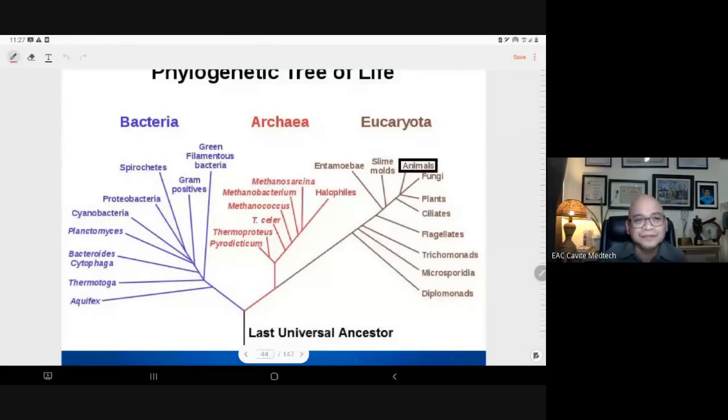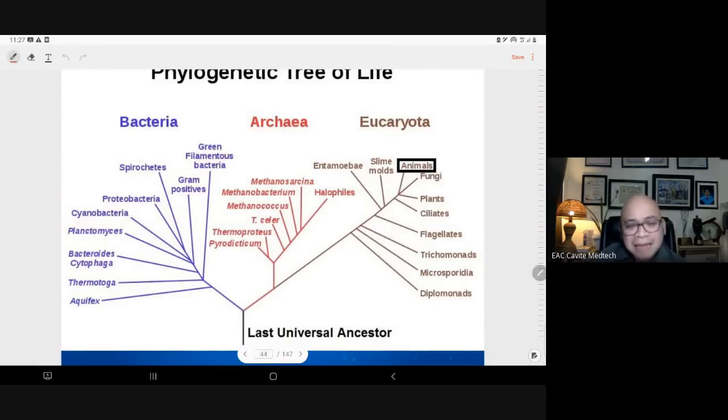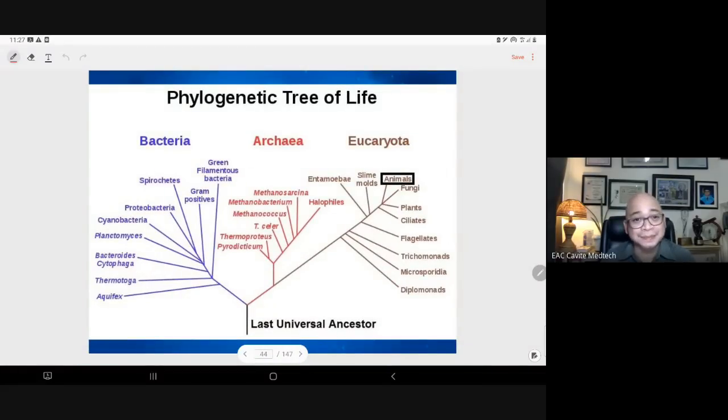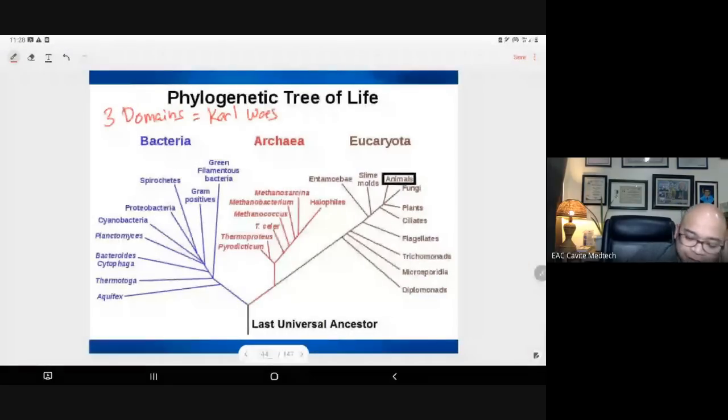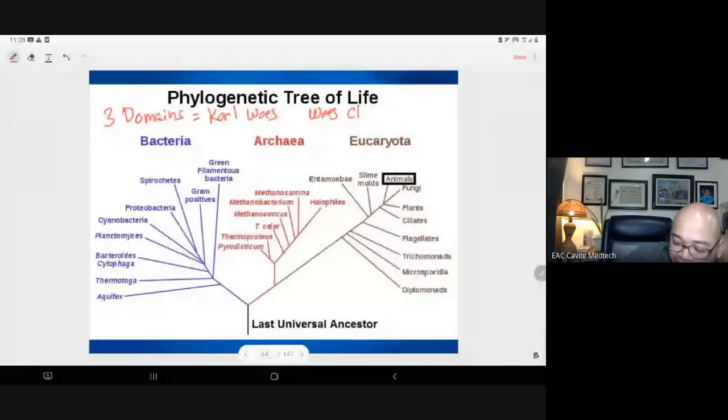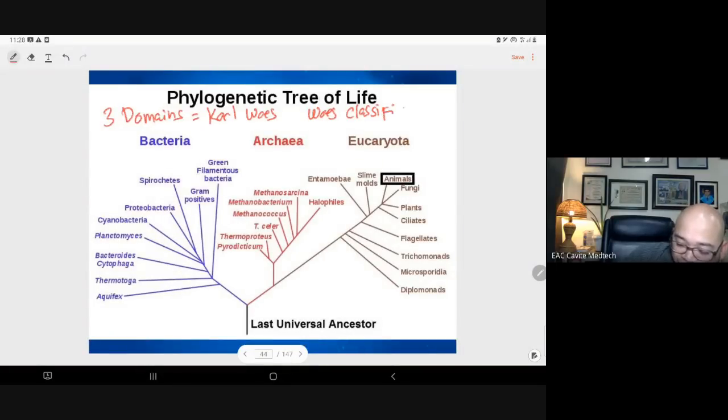Because of this classification, we can now actually classify microorganisms into three domains. Okay, we now have the three domains. These three domains were actually postulated by Carl Woese. So that's the reason why these three domains are sometimes known as the Woese classification.